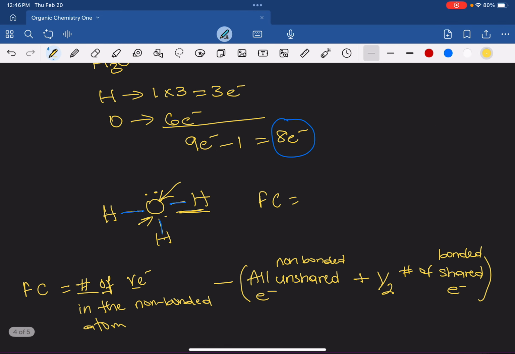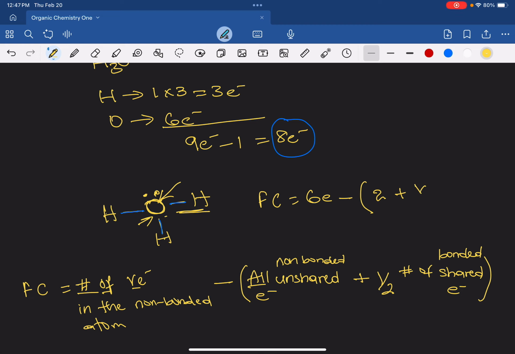So that's 6 electrons, minus all unshared electrons on the oxygen. Remember, this formal charge equation is for the atom in question. So find the oxygen and let's see how many unshared electrons we have, right? It's 1, 2. So this is 2, right?